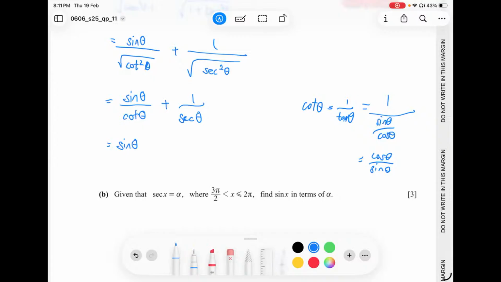Now you just write it here: sine theta divided by cos theta over sine theta, plus 1 over secant, which is basically cos theta. Now we have sine theta times sine theta over cos theta, and then plus cos theta.